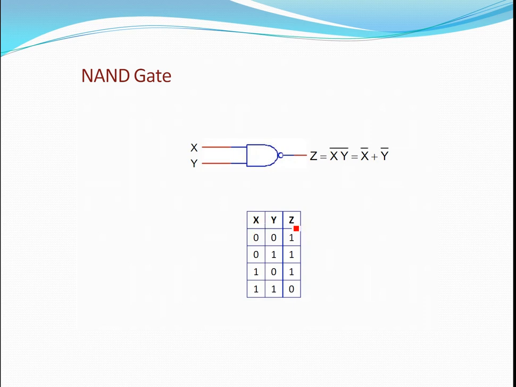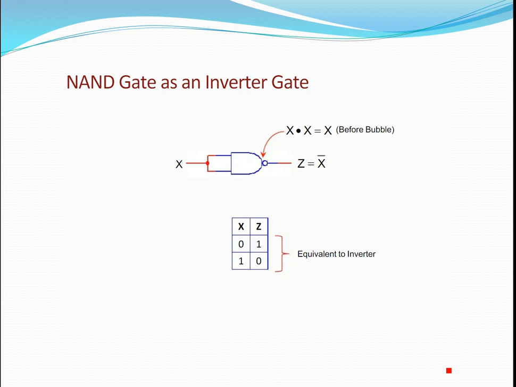X and Y are the inputs, Z is the output, and whenever all the inputs of the NAND gate are high, then the output is always 0. Otherwise, the output is always 1. So this is the NAND gate truth table and logic symbol. So let's see how you can use the NAND gate as an inverter gate.